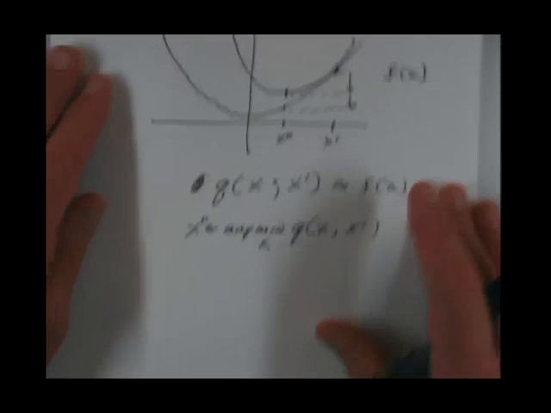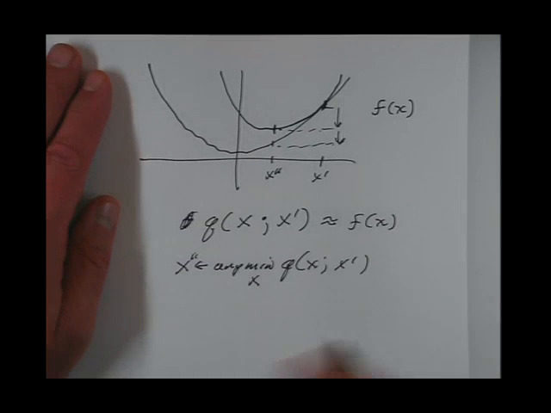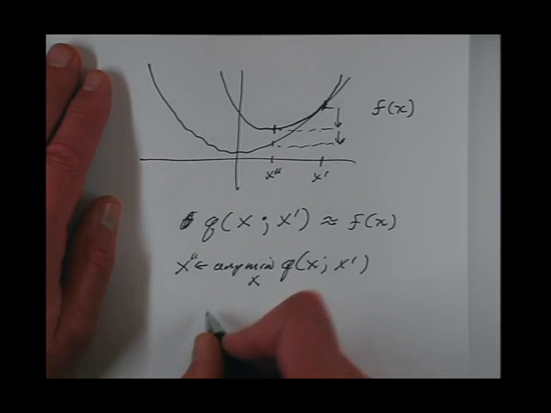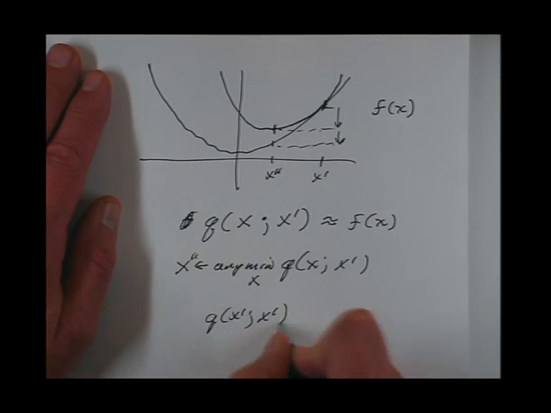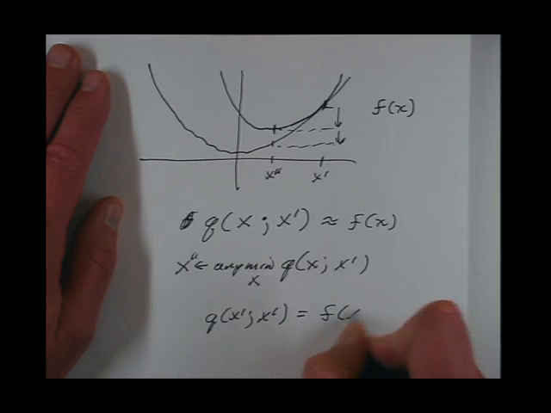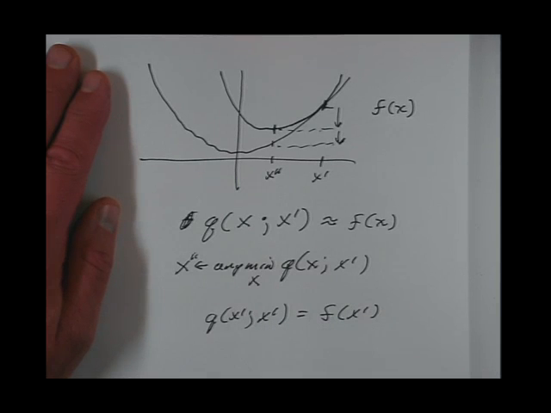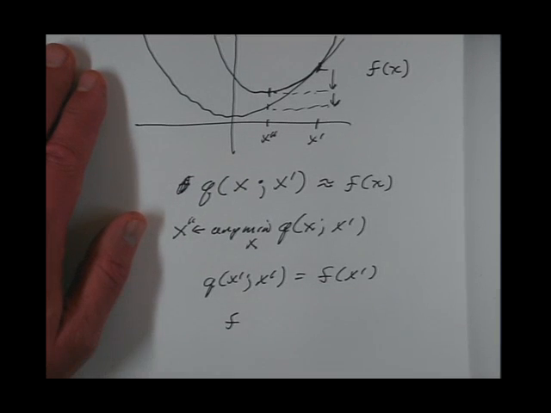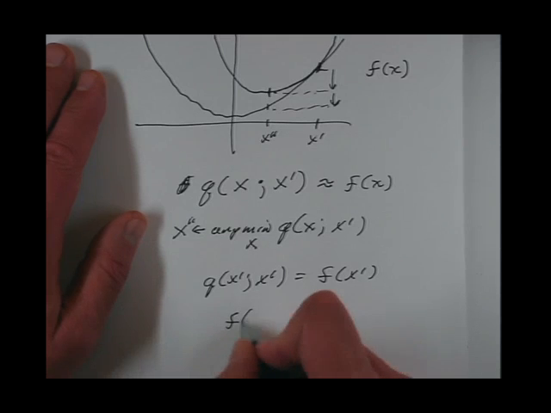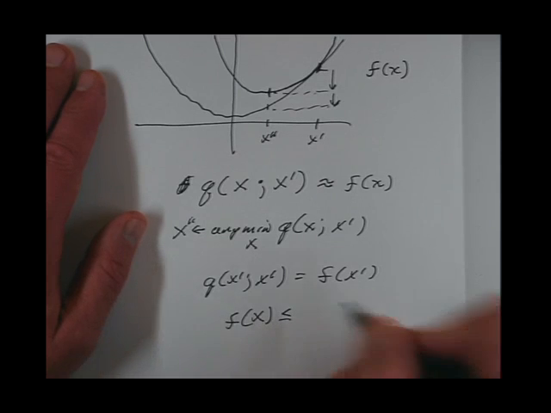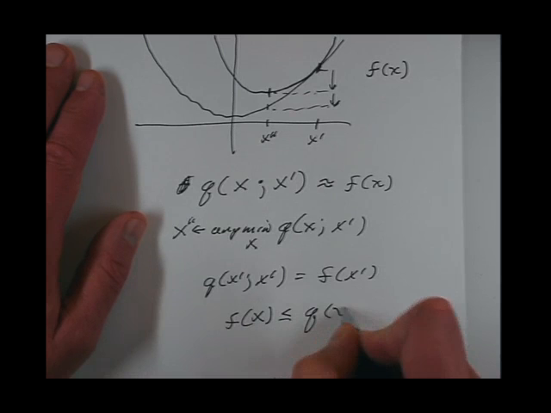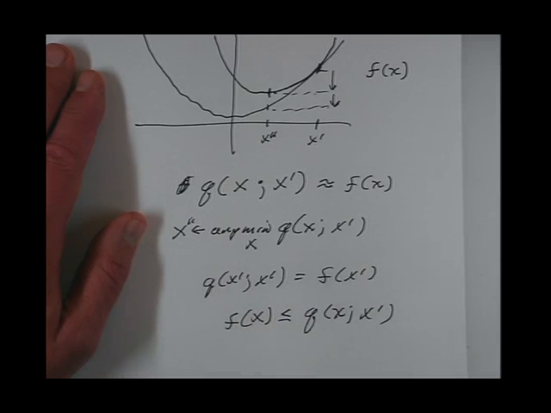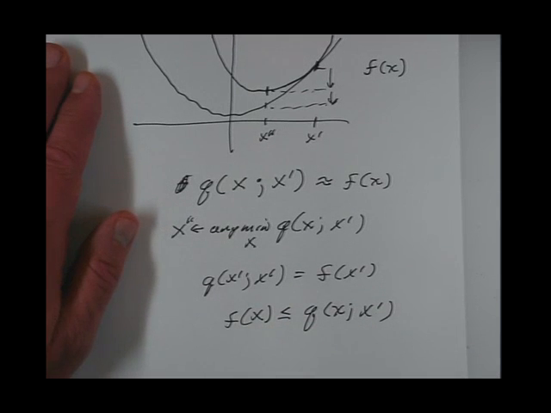So the two conditions are this. First of all, Q of x prime semicolon x prime has got to be equal to f of x prime. So the functions have to be equal at the current point. And the other thing is that f of x has got to be less than or equal to Q of x semicolon x prime.